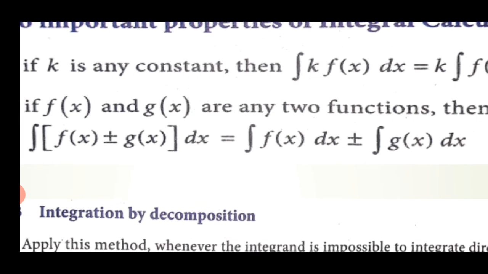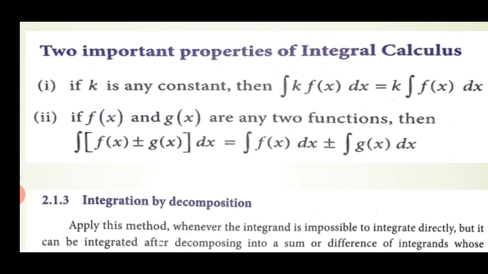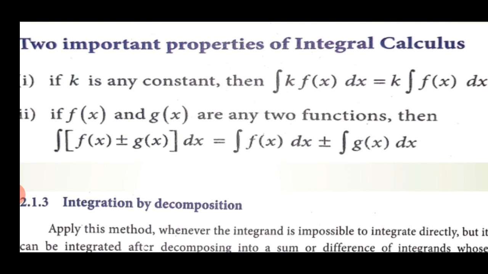Second property: if f of x and g of x are any two functions, then integral f of x plus or minus g of x dx equals, you can integrate separately both the functions, f of x as well as g of x. When you integrate each function, you have to include the dx part. So integral f of x dx plus or minus integral g of x dx.